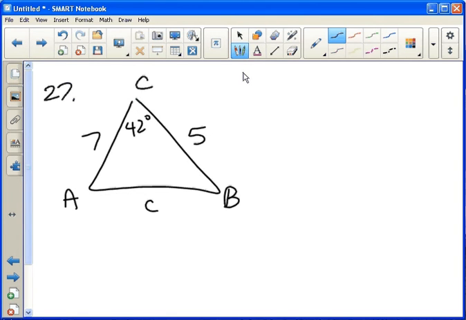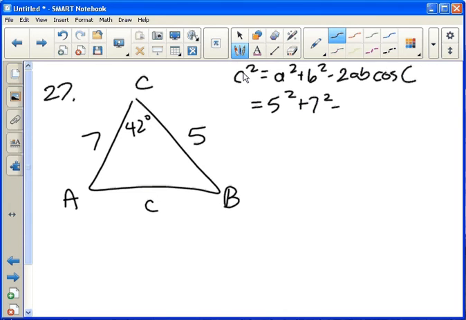We get 5 squared plus 7 squared minus 2 times 5 times 7 times the cosine of 42 degrees. And if you plug all that in your calculator, that will give you C squared. So please remember to take the square root of that answer to get that C equals 4.69.